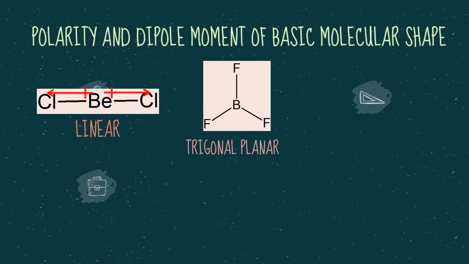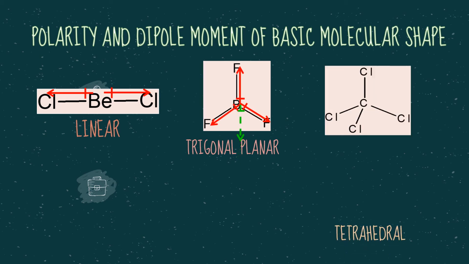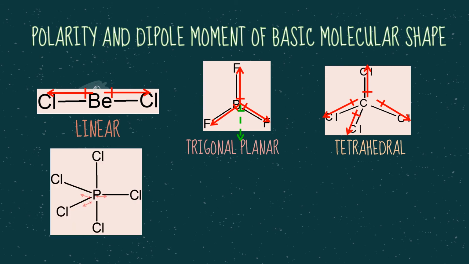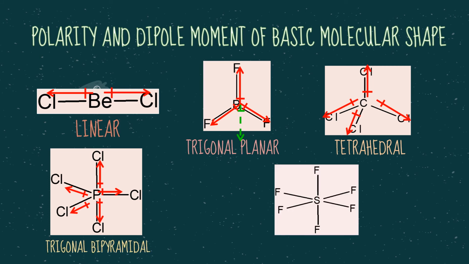For trigonal planar, the same goes: the 3 bond dipoles combine to form a 0 dipole moment. For tetrahedral, the 4 bond dipoles cancel each other, giving a 0 dipole moment. For trigonal bipyramidal, the 3 bond dipoles in a plane cancel each other and the 2 bond dipoles vertically cancel each other.